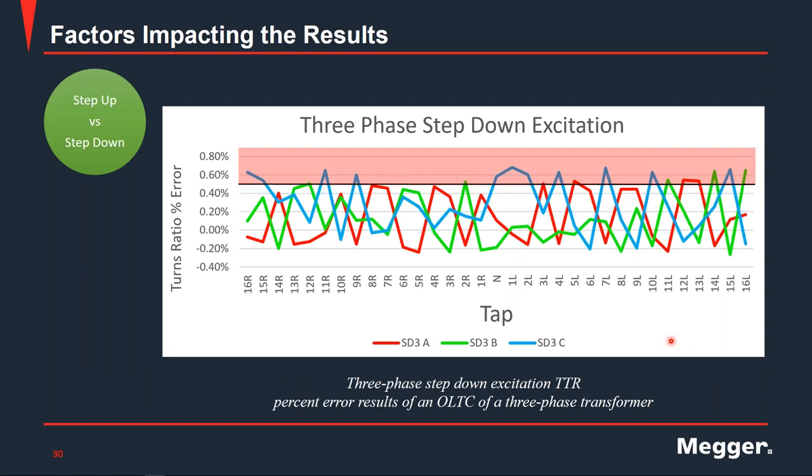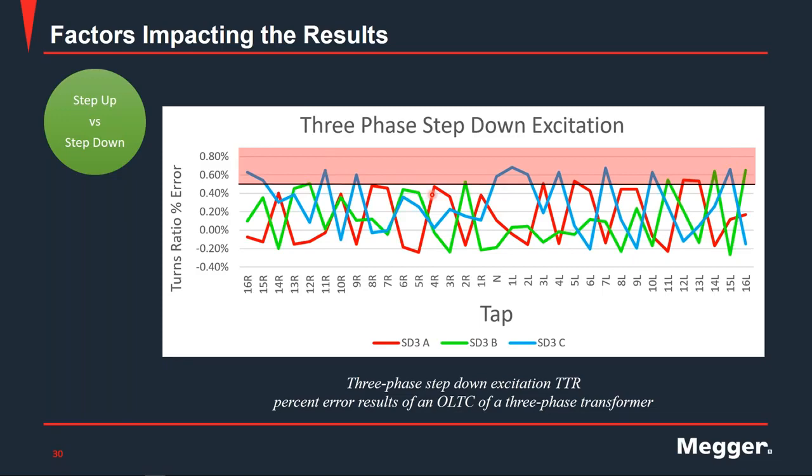Some more examples here of 3-phase step-down excitation. So this is exciting all 3 phases at the same time. By injecting 48 volts, we were getting a percent error that went into the error range above 0.5%.